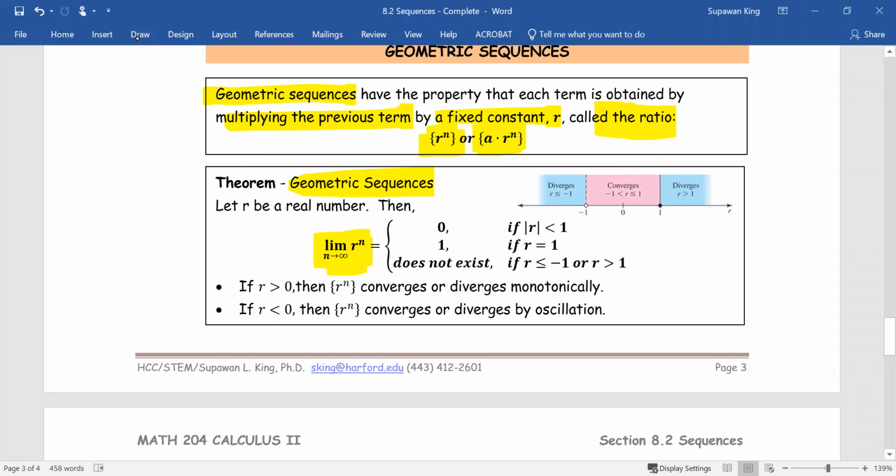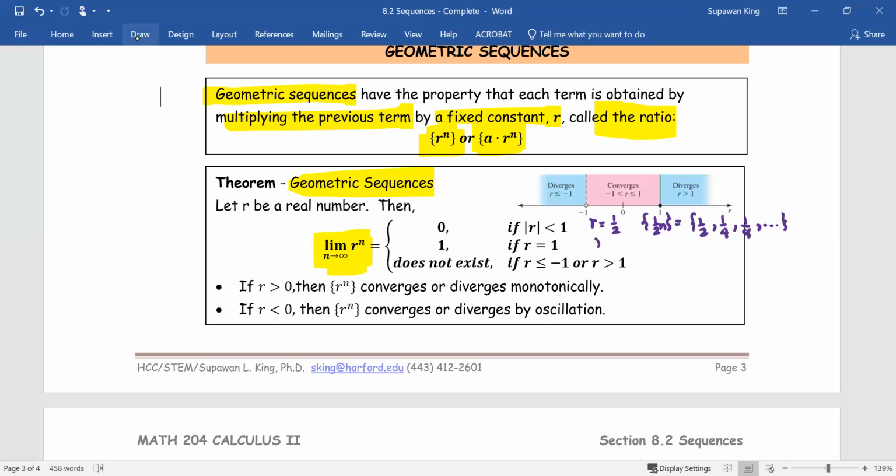For the first case, if the absolute value of r is less than 1, like r equals 1 over 2, the sequence 1 over 2 to the power n would be 1 over 2, 1 over 4, 1 over 8, and so forth.